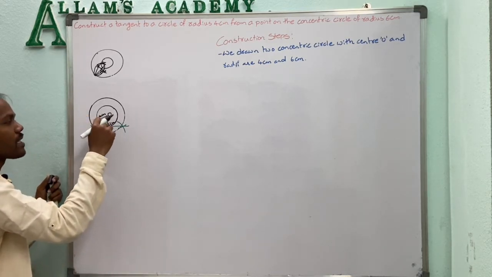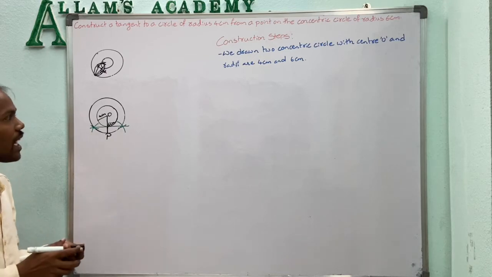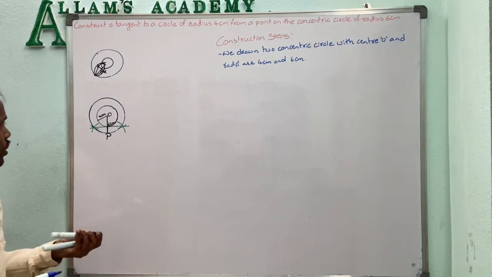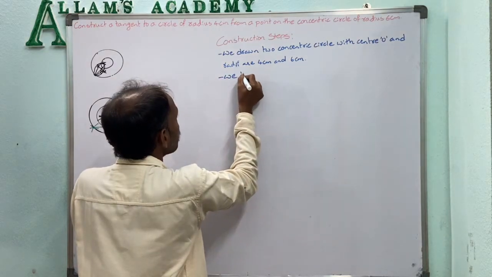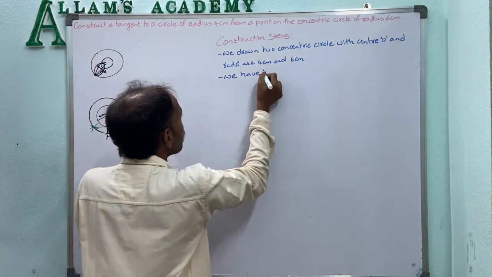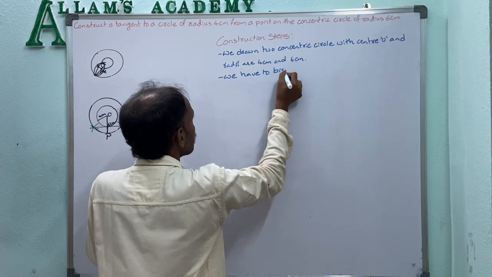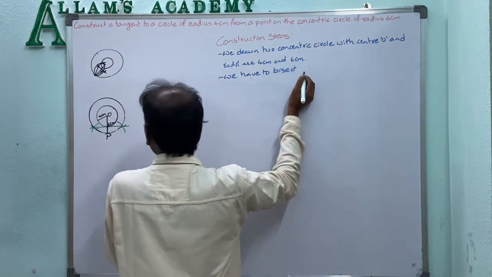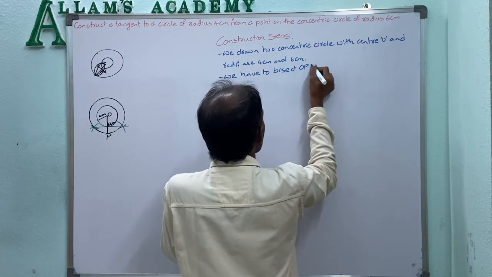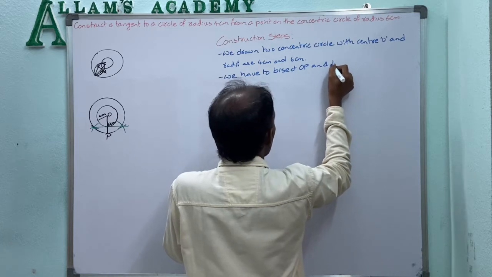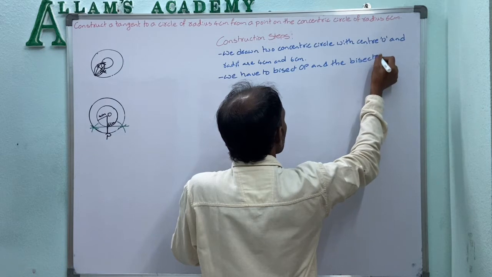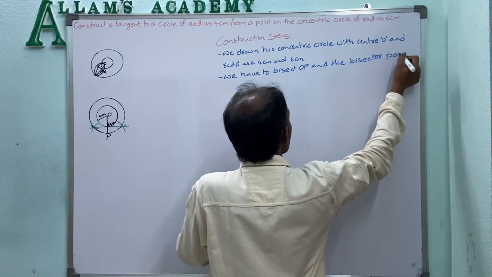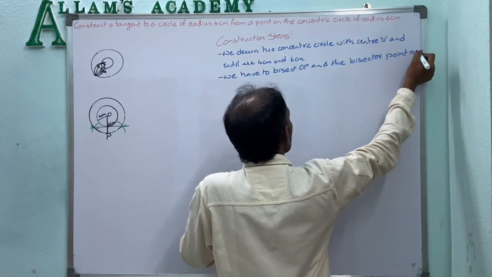So first we have to bisect OP, and the bisector point is X.